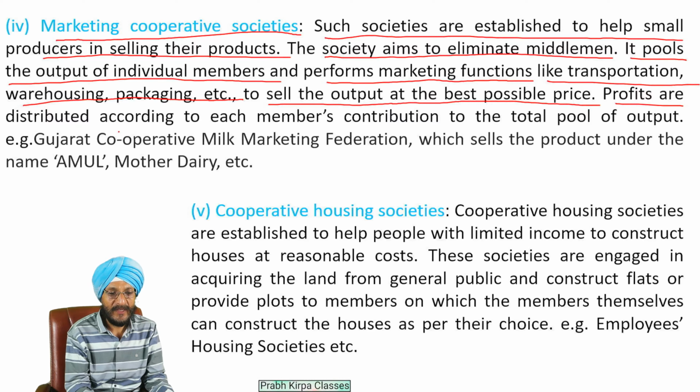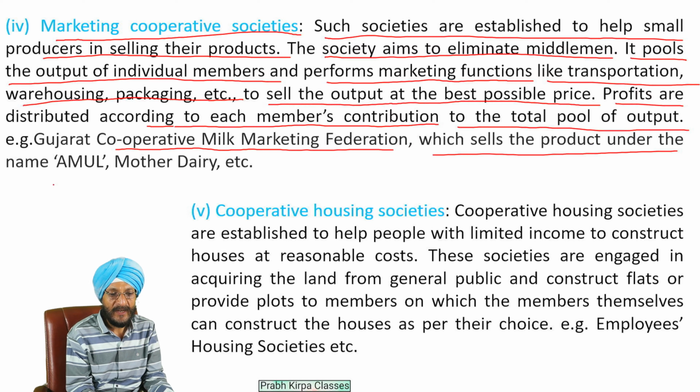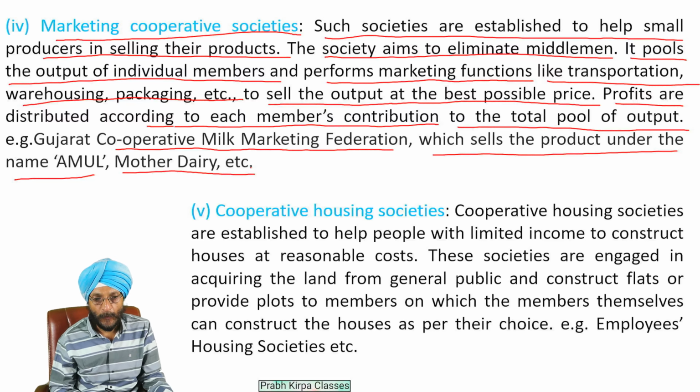Profits are distributed according to each member's contribution to the total pool of output. An example of a marketing cooperative society in India is Gujarat Cooperative Milk Marketing Federation, which sells the products under the brand name Amul. Mother Dairy is also an example of a marketing cooperative society.